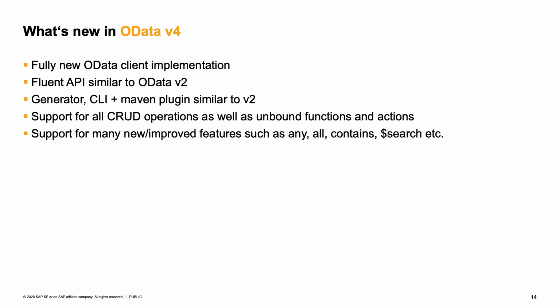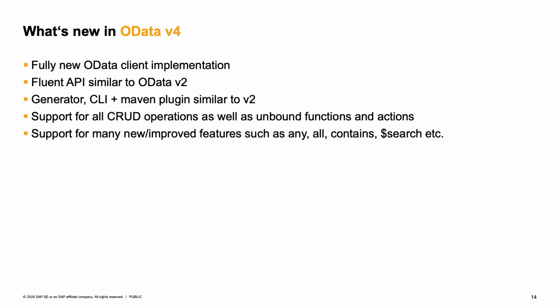Again, we also have a generator, a CLI, and the Maven plugin in place to generate this code for your own services. And currently we have support already for create, read, update, and delete operations, as well as unbound functions and actions.